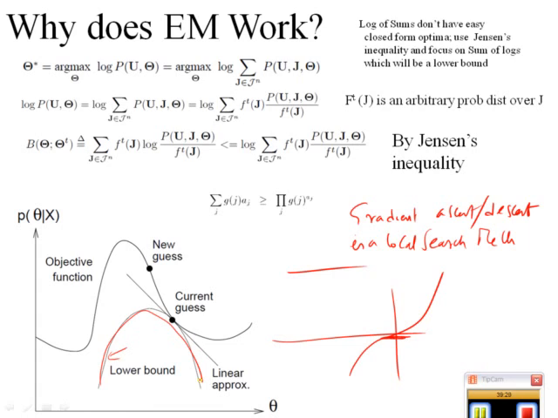And once it converted into complete data, it got this expression, the likelihood function. This likelihood function has the property that it's going to be a lower bound on the true likelihood function.